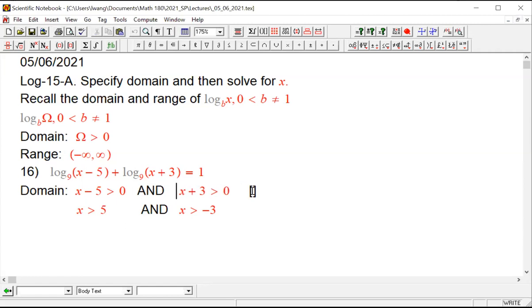So this setup is worth 3 points. And the final domain you found is going to be worth 2 points.